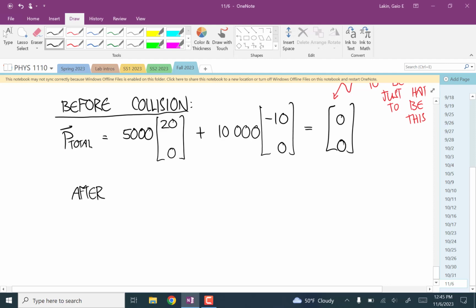After the collision, all of the following satisfy conservation of linear momentum.